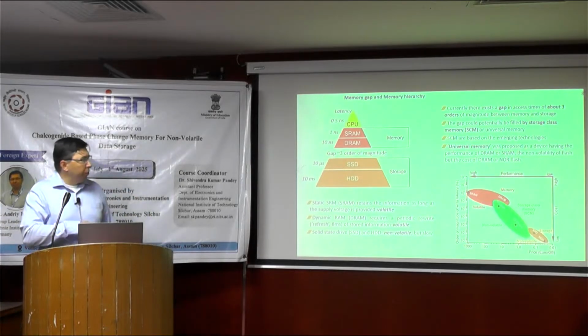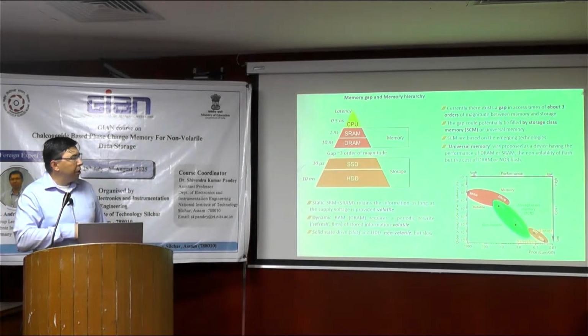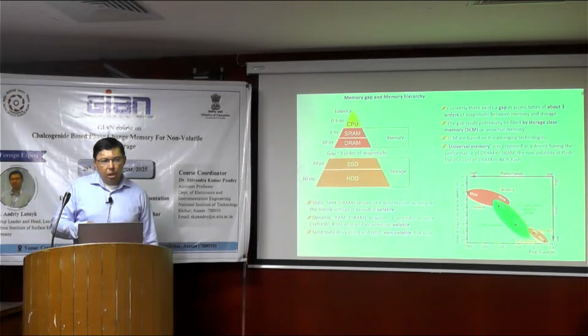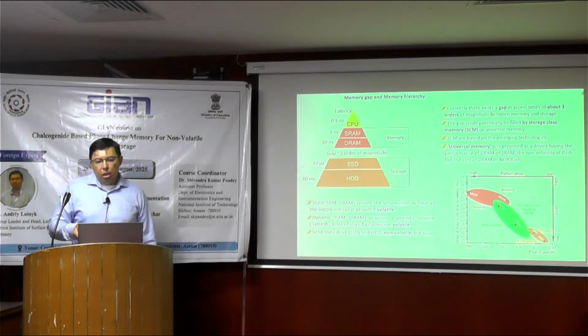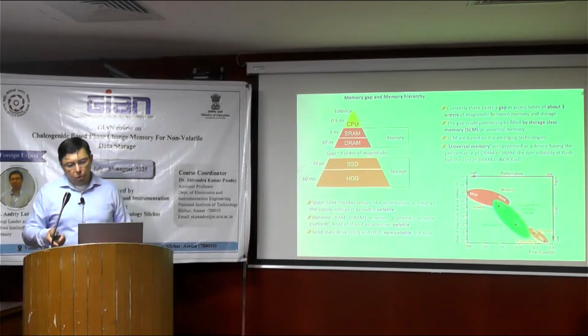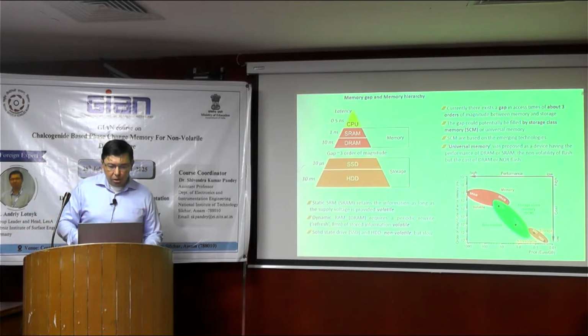The problem with our memories, SRAM and DRAM, is that they are volatile. As soon as we switch off the electricity, the information is lost. And this SCM, storage class memory, is non-volatile, so it keeps the information after the power supply is off.